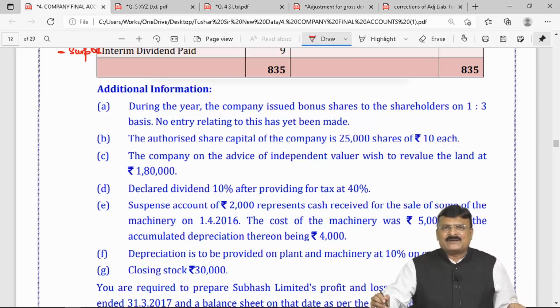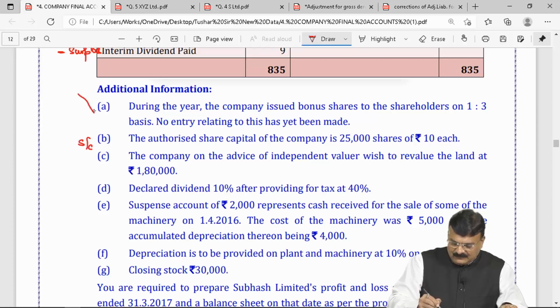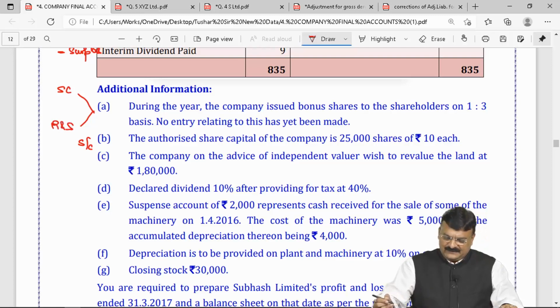If you remember section 63, the order of using reserve, first has to be capital redemption reserve, second capital reserve, third securities premium, and last the free reserves, divisible profits. Authorized share capital of the company is only additional disclosure going to share capital head. This will have two effects, add to share capital, and second effect will be less from reserves and surplus.